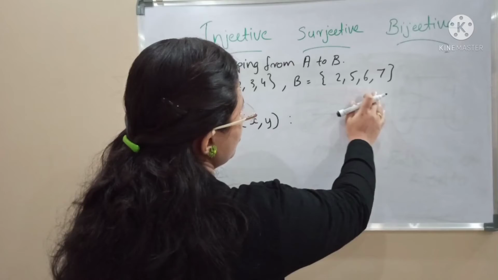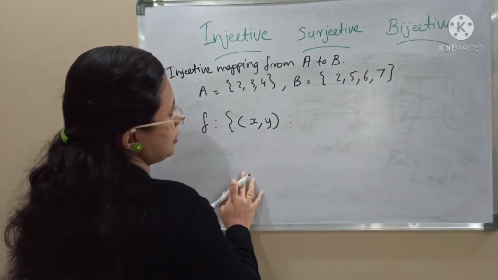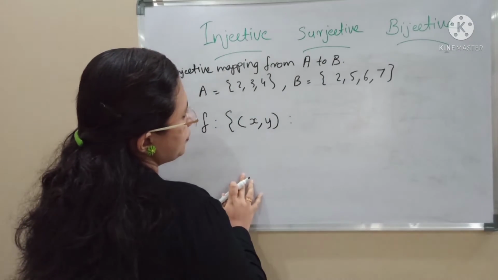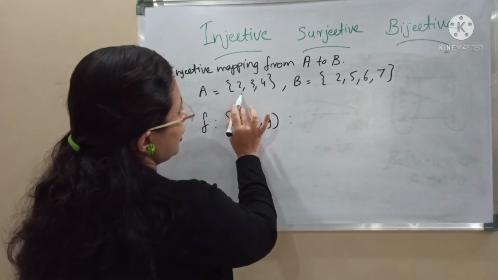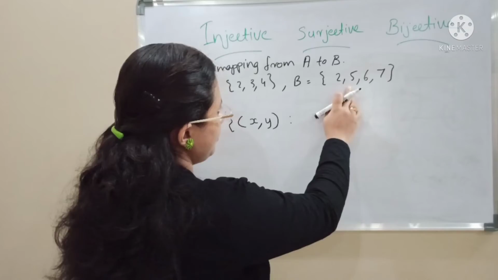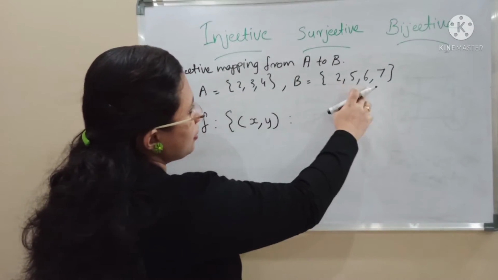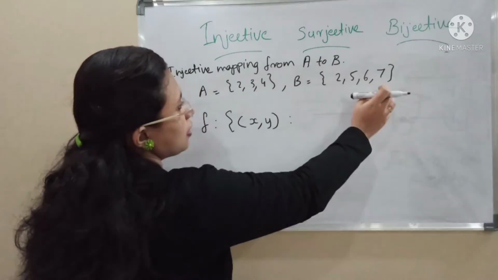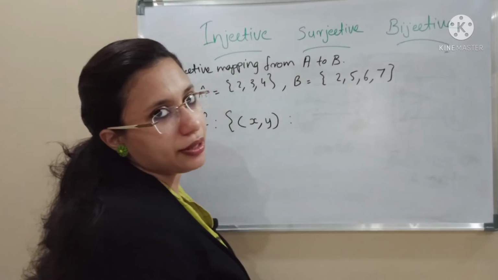If you see this set, 2 plus 3 will give us 5, 3 plus 3 will give us 6, 4 plus 3 will give us 7.